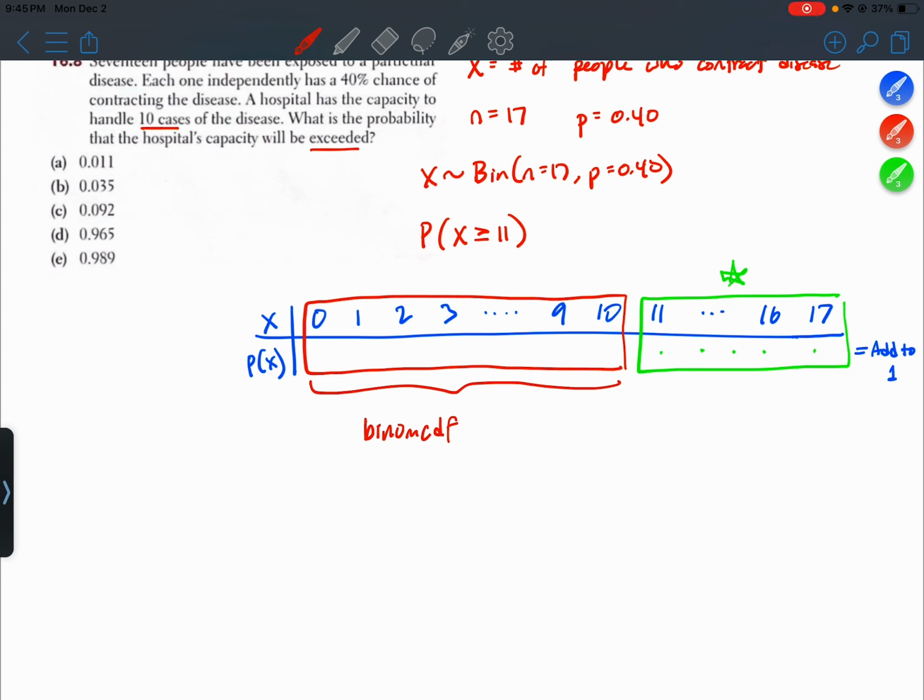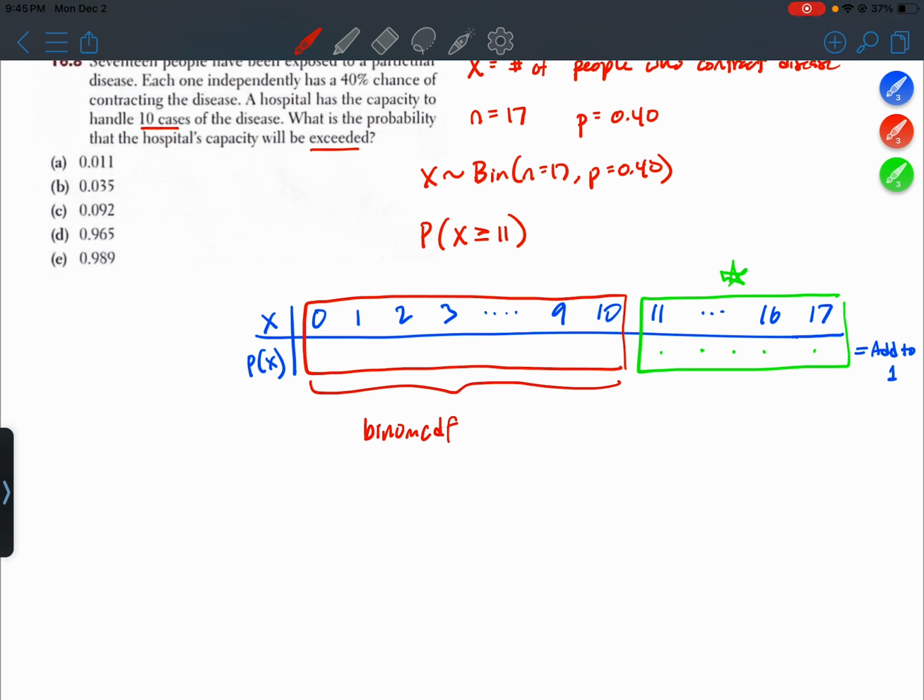All right, now I don't really have a way of projecting my calculator here on the screen recording, so I'm just going to describe what I'm doing on the calculator. So pressing second vars, and that gets me to the distribution menu. And then I'm going to scroll down past the normal functions, and get towards the end of the list, and there's binom PDF and binom CDF. CDF is the one that we're looking for.